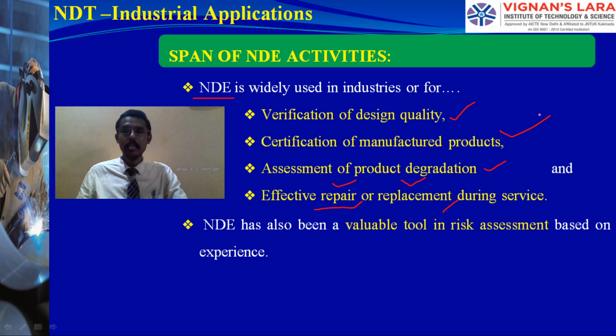That is why these are working for us in the design itself and the certification itself, to reduce the cost. So effective repair and replacement can be done when NDT techniques are used for inspection and finding discontinuities. NDT has also been a valuable tool for risk assessment based on experience, on how long it can work without any failures.